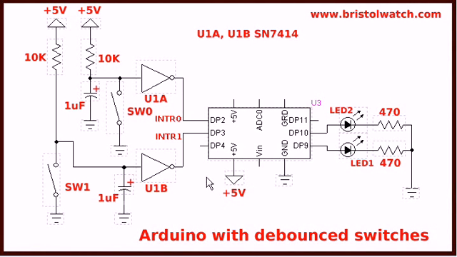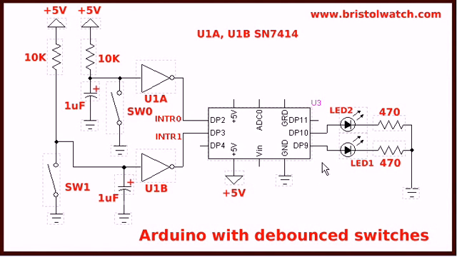When you're using a signal to interrupt on a digital pin, you need a clean signal without electrical noise. So that's the purpose of this debounce circuit. Using regular switches directly connected to Arduino is going to create false interrupts and foul up my program.